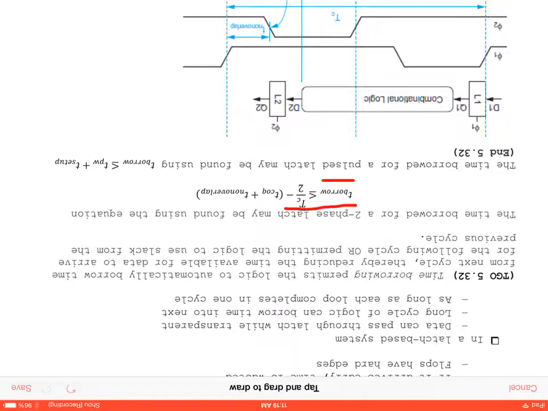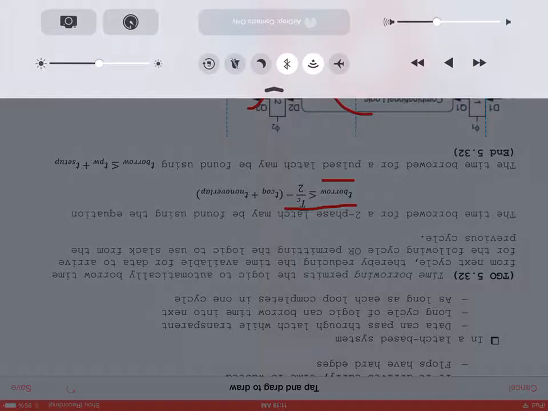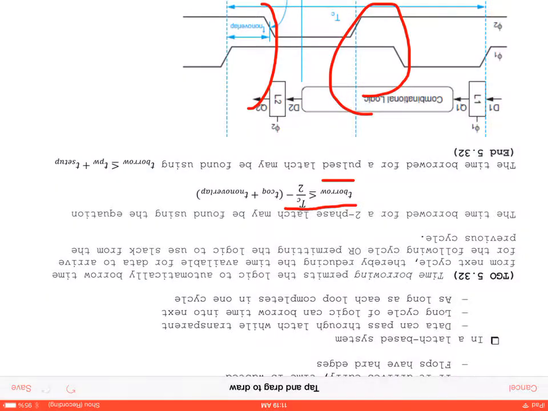The non-overlapping time means that you don't have some switching from phi 1 and phi 2, which are controlling your two latches at each edge of the clock cycle. So the non-overlapping time is, for those of you who can see here at the bottom, here and here, they're both zero. So you're trying to figure out this non-overlapping time and your delay, and also half of the cycle time.